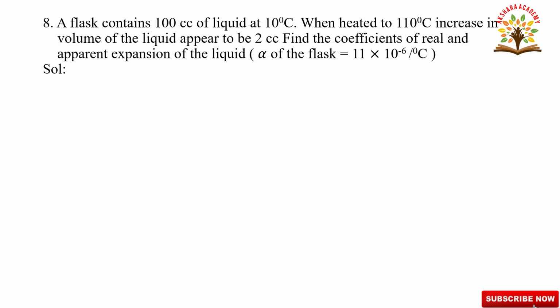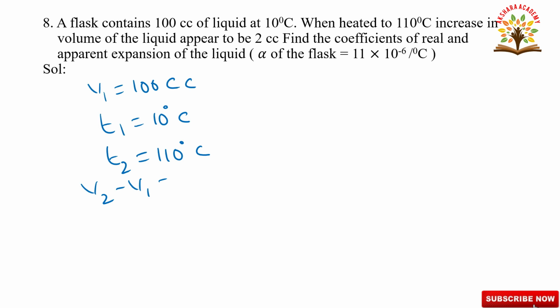Now write down V1 is equal to 100 cubic centimeter, T1 is equal to 10 degree centigrade, T2 is equal to 110 degree centigrade, V2 minus V1 is 2 cubic centimeter.